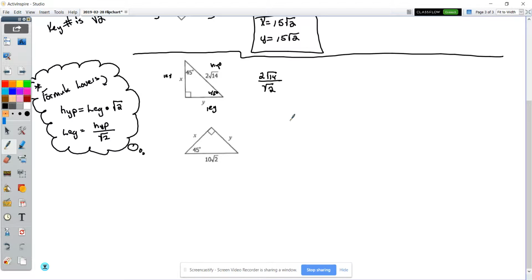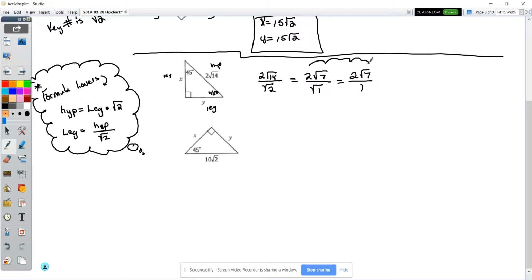Now there's a couple things you could do here. Because these are both inside of a radical, and they're both square roots, I could simplify based on this. So I could get 2 square root of 7 over the square root of 1, and the square root of 1 is just 1. So 2 times the square root of 7 over 1. Usually if somebody sees a problem like this, they wouldn't write all these things down.